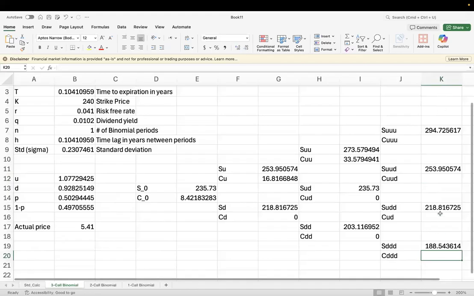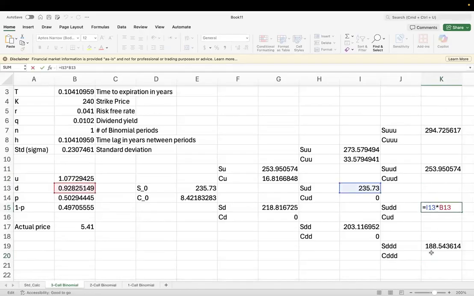And they make sense. The prices are going down.